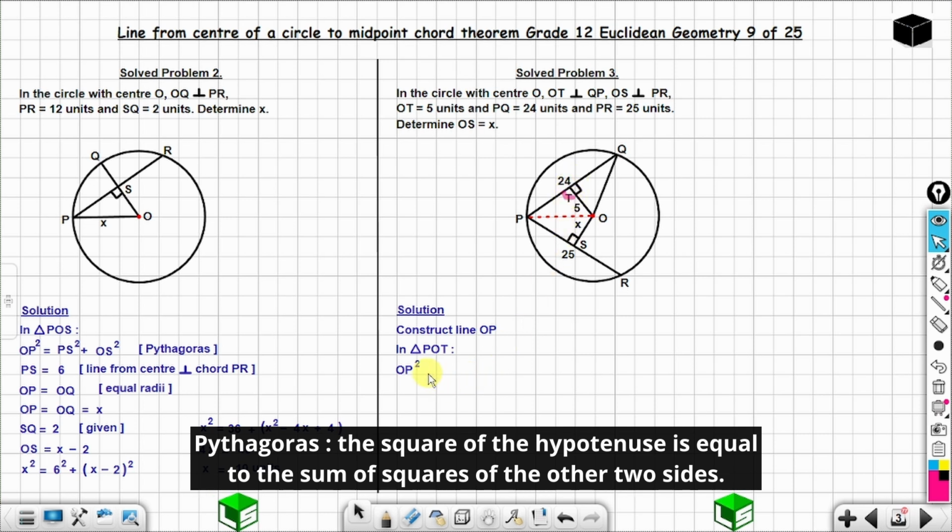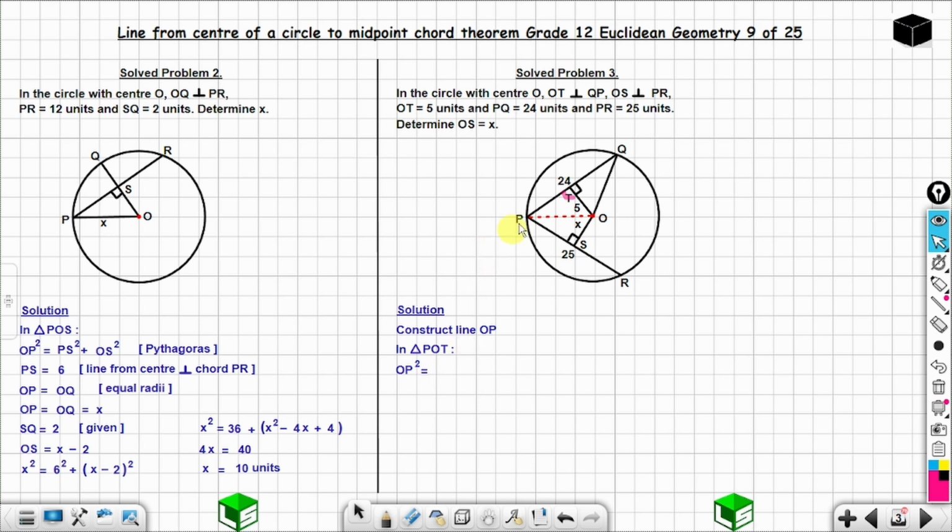Pythagoras says the square of the hypotenuse is equal to the sum of squares of the other two sides. You have sides PT and OT, so PT square plus OT square.